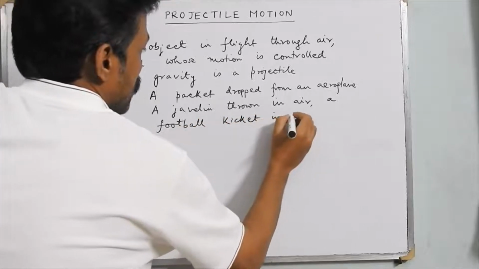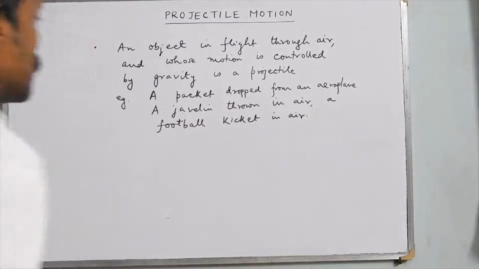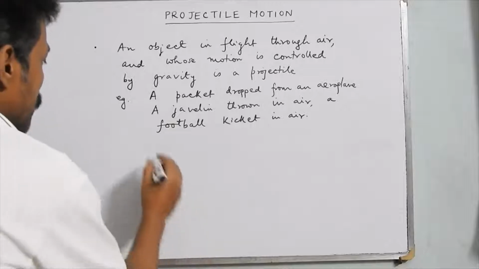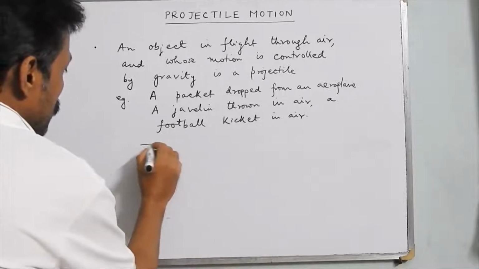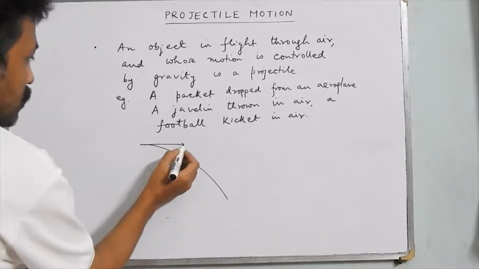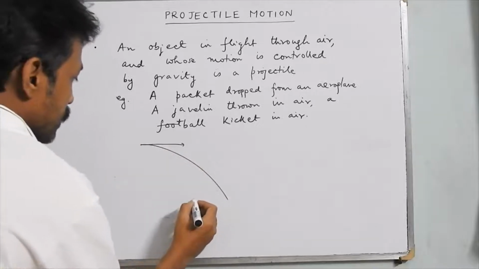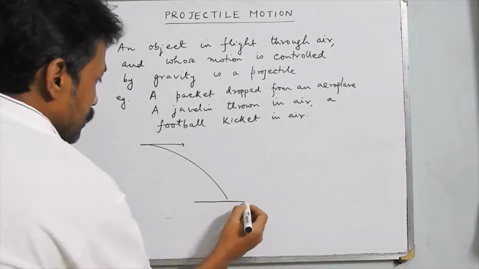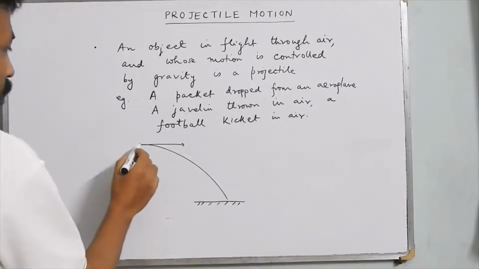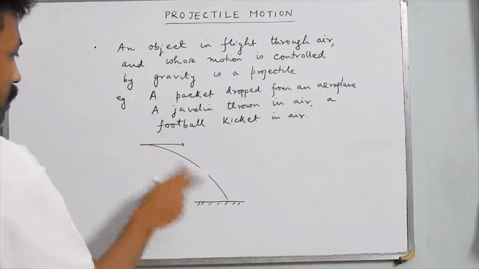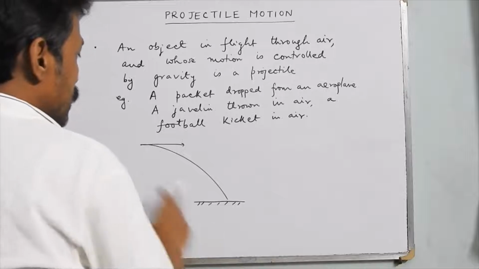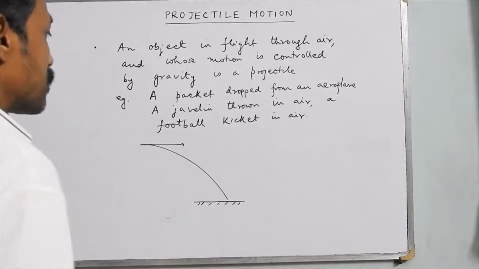With respect to a packet being dropped from an aeroplane, this might be the path followed by the packet. The aeroplane is moving in a specific direction, and while moving it has dropped a packet that will reach the earth's surface following this type of path. It has been dropped from a specific height and it follows this type of path until it reaches the earth's surface. So this is also called a path of a projectile.